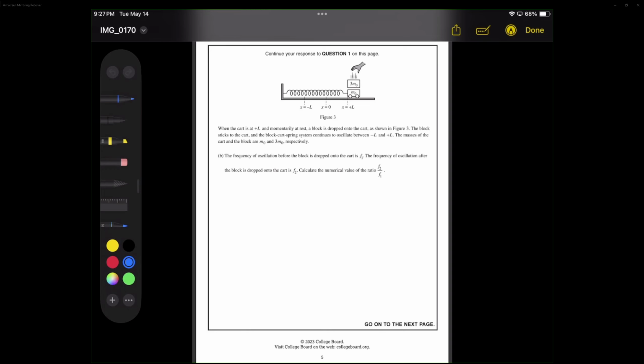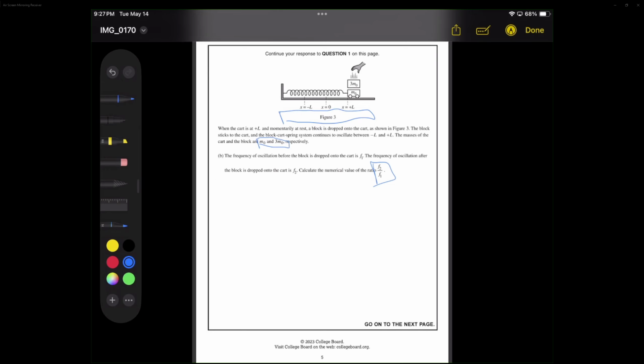Okay, so going into a question like this, you see they give us some masses and they want us to find a ratio. I think it's pretty safe to assume that we're going to be using formulas and building our ratio here.